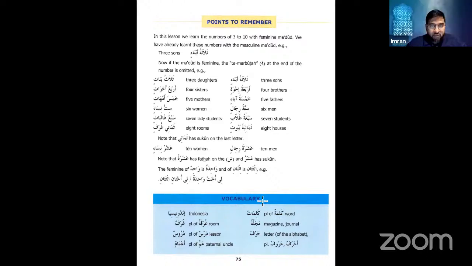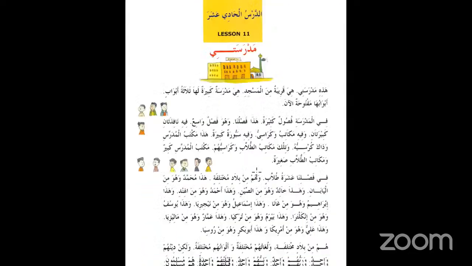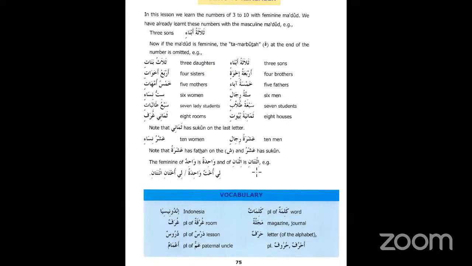And the vocabulary right underneath. Kalimatun is plural for kalimatun. Majallatun is magazine or journal. Ghurfatun, the plural is ghurafun.